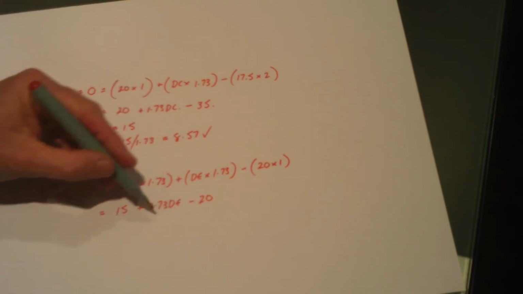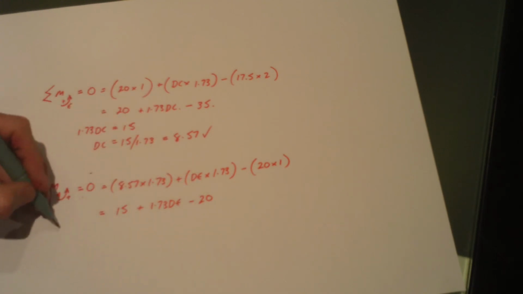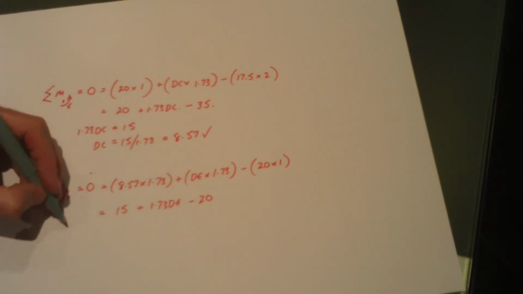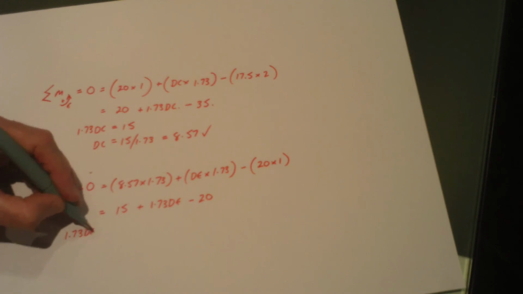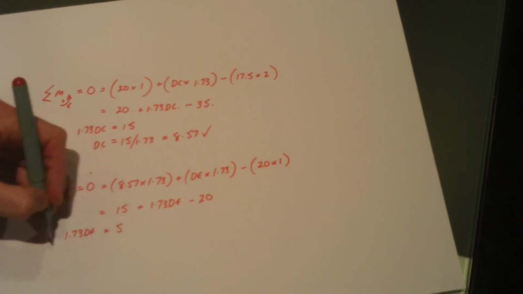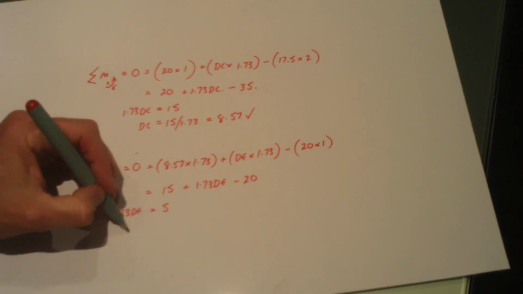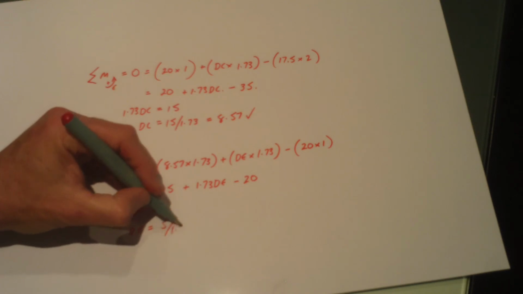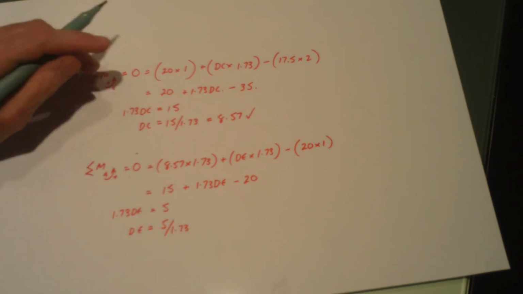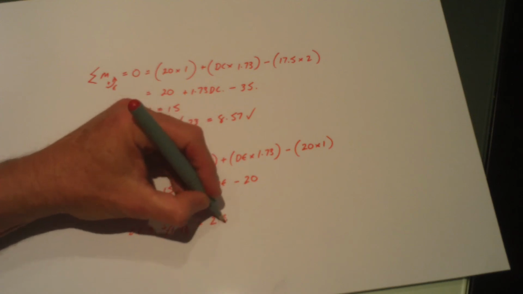So when I do the rearrangement, we have a minus on one side, I'm going to multiply that out to be a positive, so it makes more sense. 1.73 DE is equal to 5. All I've done is remove the negative sign that's going to be there. Divide through, 5 divided by 1.73, the distance coming to the other side, and that gives you a value of 2.87.